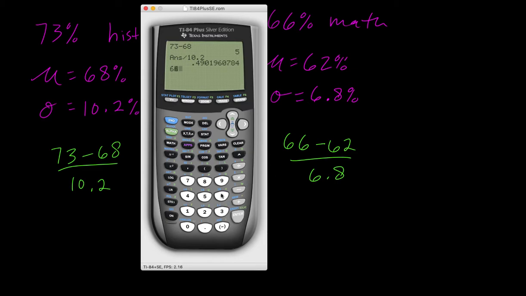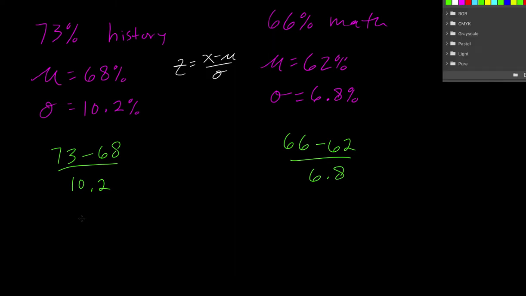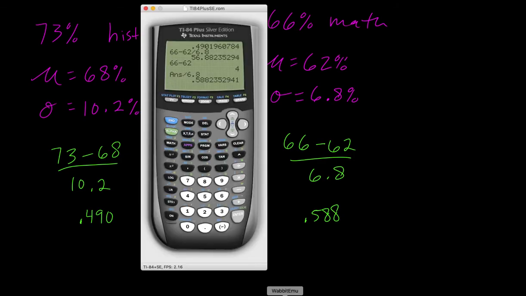And then we do 66 minus 62 and divide that by 6.8. Okay, so let's write down: we got 0.490 over here, and over here we got 0.588, I think.